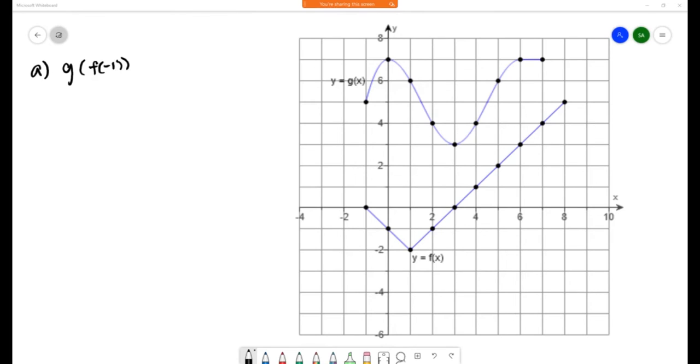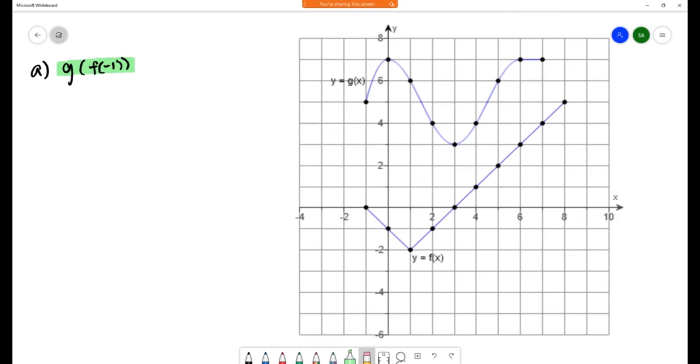So on this first question, we are trying to evaluate g of f of -1. This is called the composition of functions, when you substitute one function inside of another function. We're trying to do this evaluation using the picture that you see on the right.